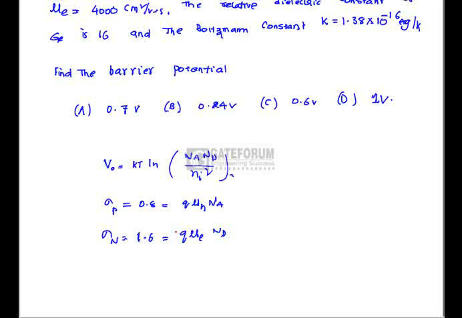From these two equations, since Q is a constant and mu H and mu electron are given, we can get Na and Nd, and Ni we already have. If we substitute these values in equation 1, we will get V0 as 0.24 volts. Hence option B is correct.